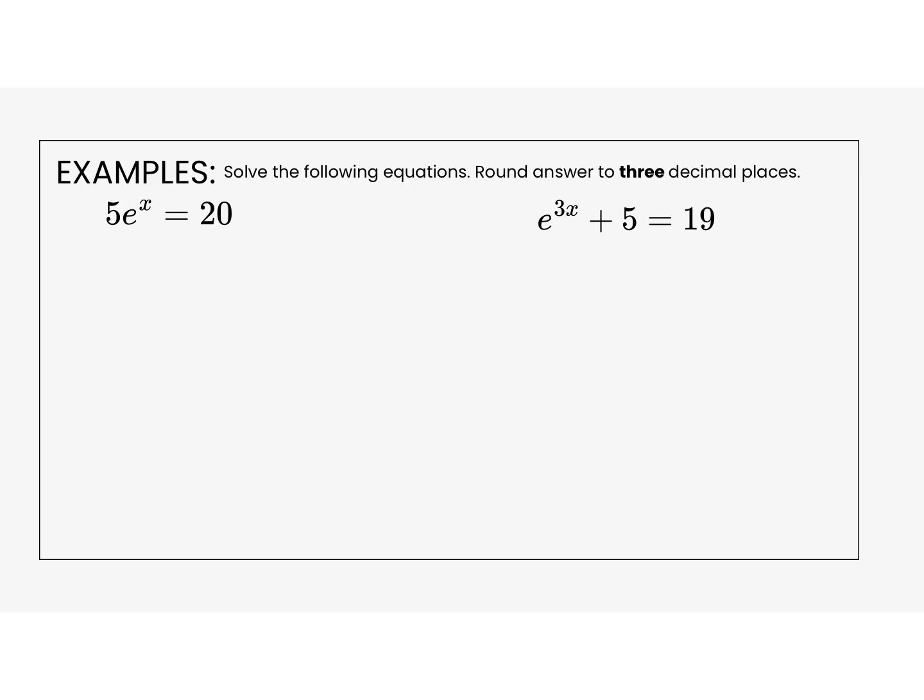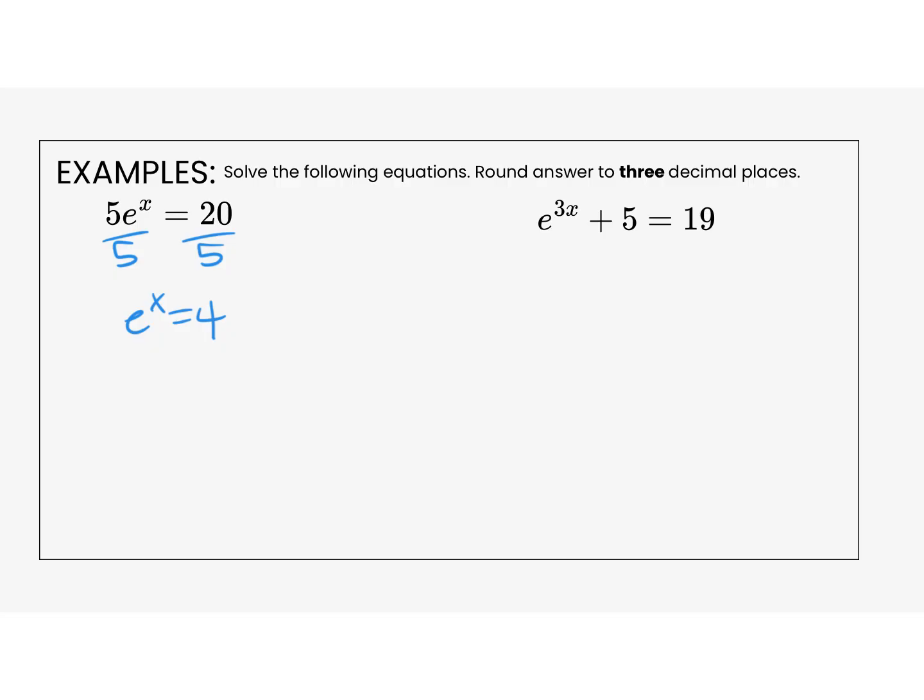All right, we can also solve exponential equations like we did in 7.4, but now we see e in all these, so we're going to have to use the natural log. Okay, so first thing, isolate the exponential expression, so I'm going to divide. So e to the power of x equals 4. Then I need to write that as a log.